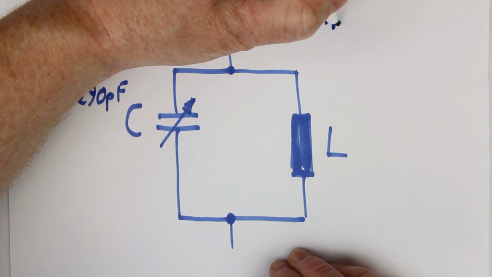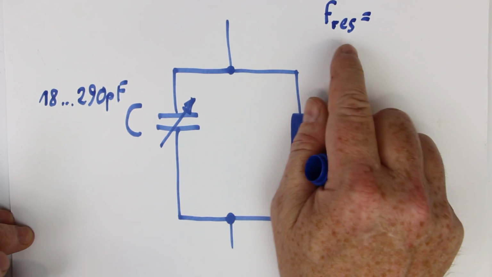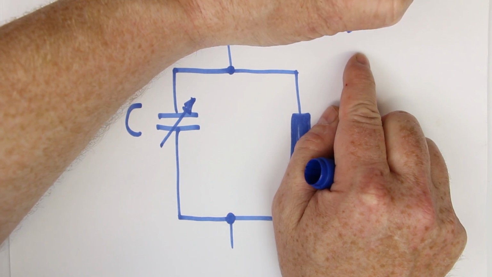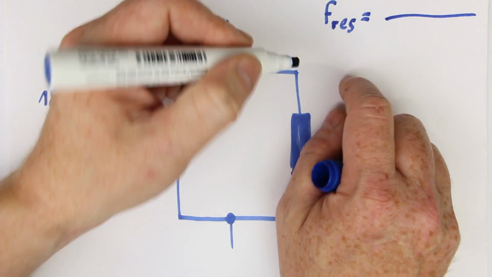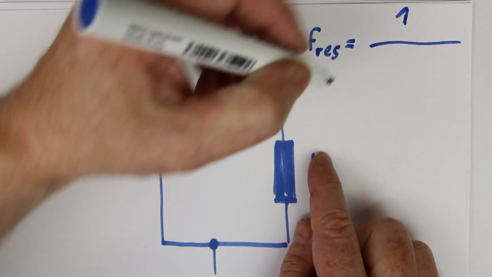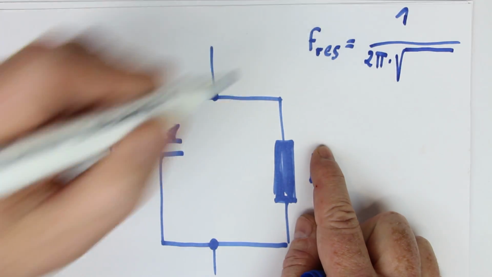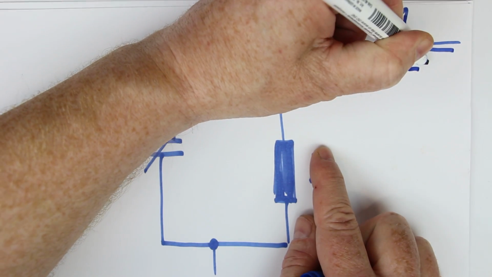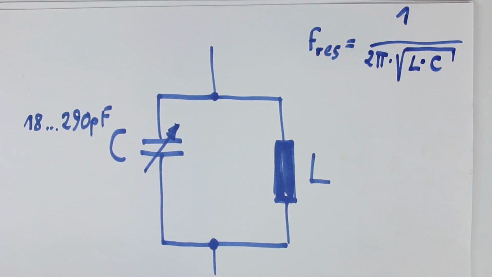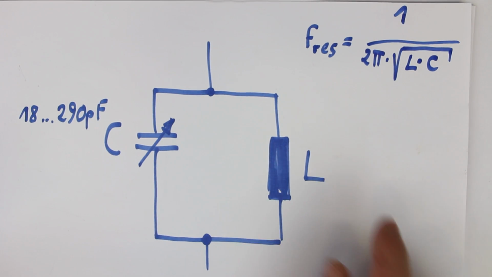In Germany it's known as Thomson's formula of oscillation, and it says that the resonant frequency is 1 over 2 pi times the square root of the product of L and C.